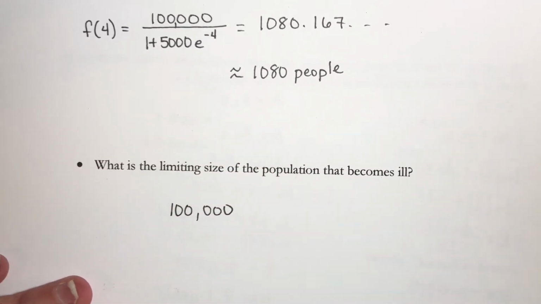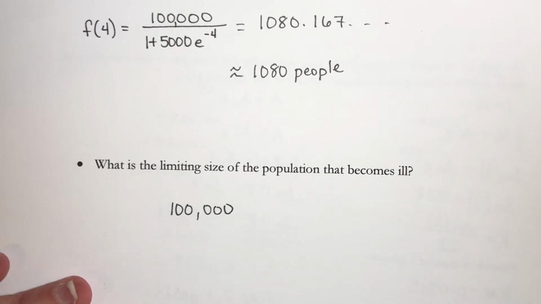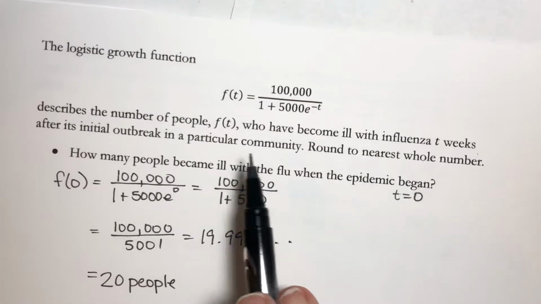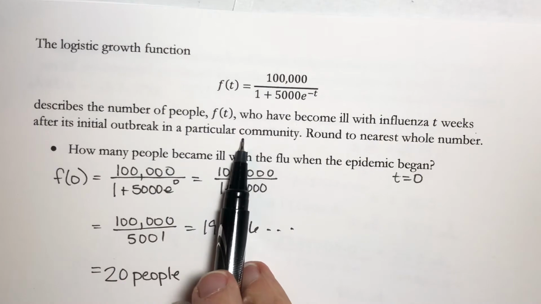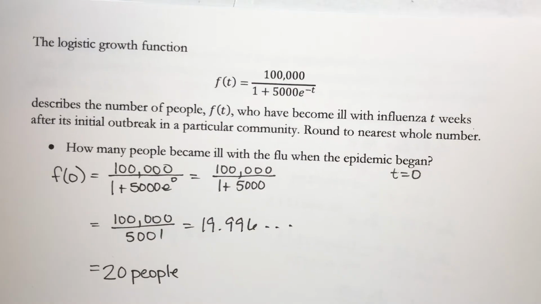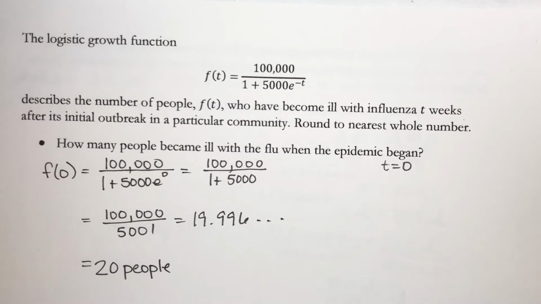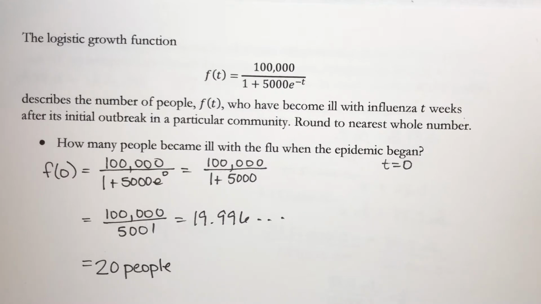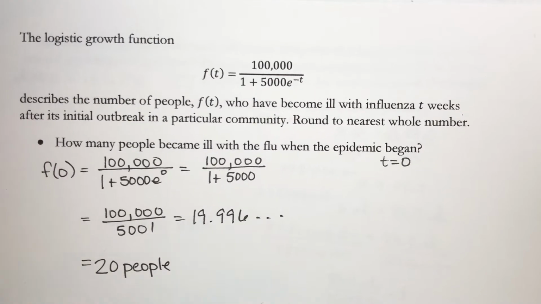You can't have more than 100,000 people ill, perhaps because it's in a particular community. Maybe the community only has 100,000 people in it, so you can't possibly have more than that. It's whatever real world consideration puts a limit on this particular kind of growth.